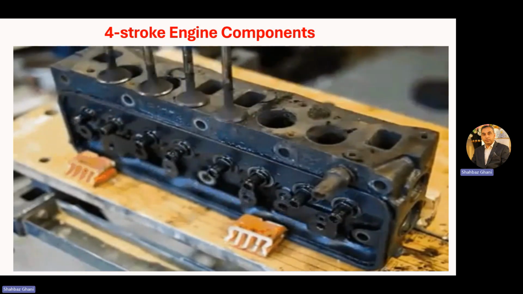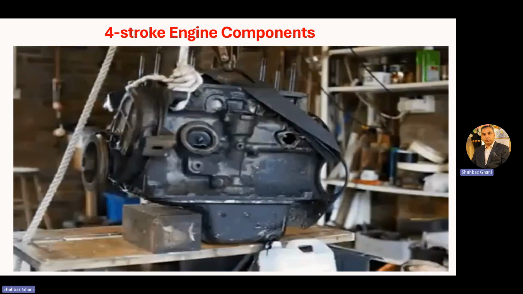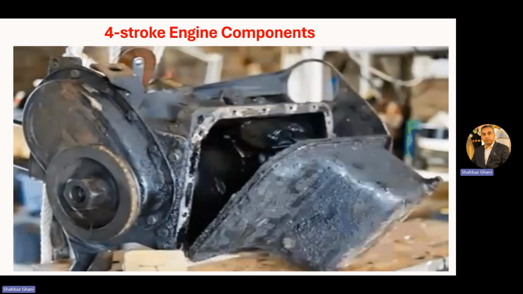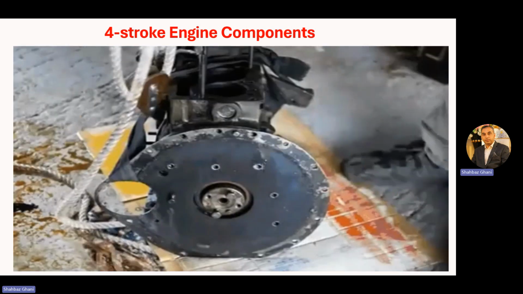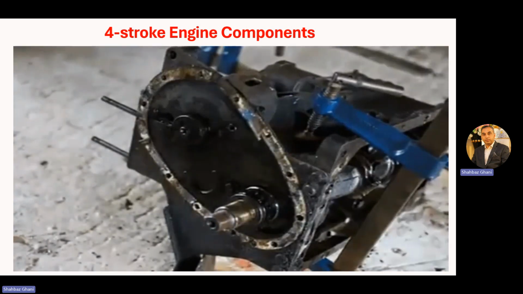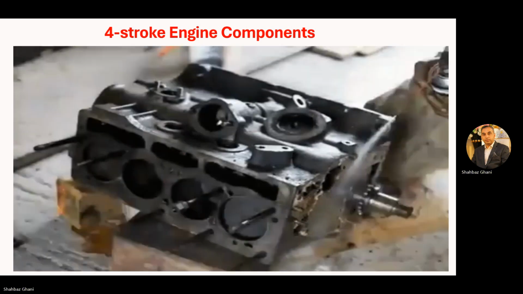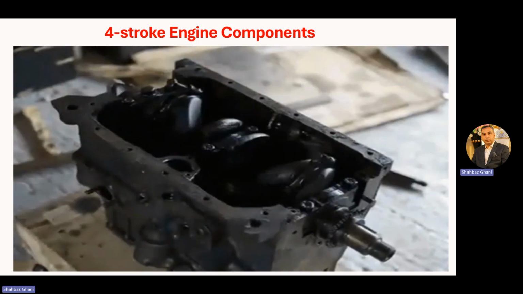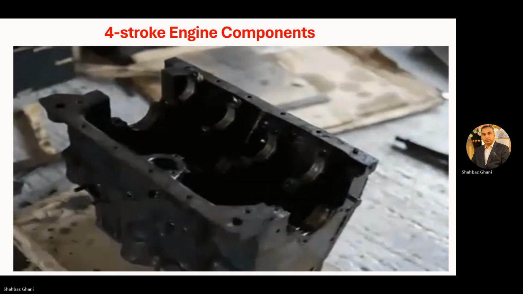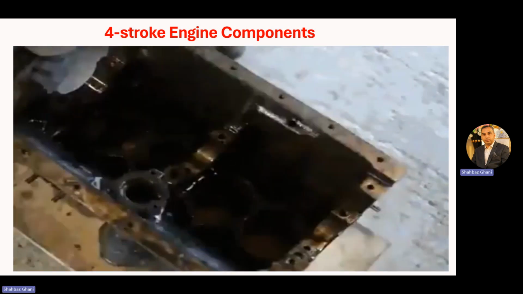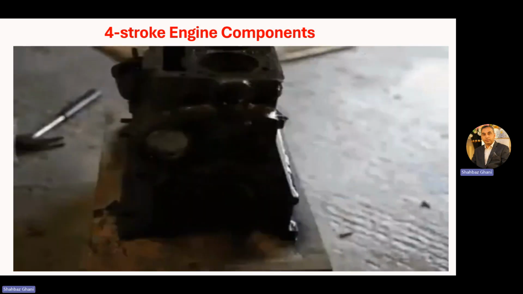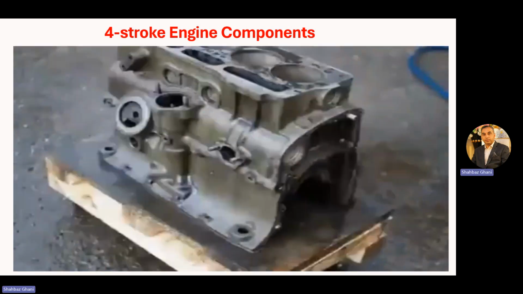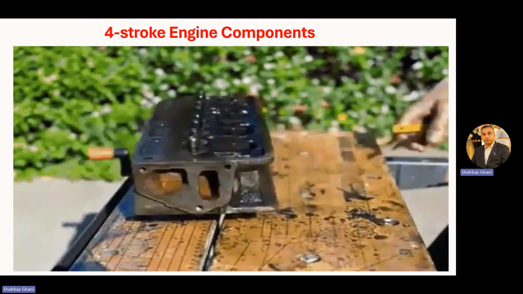Now we are removing the springs and valves, draining the oil, removing the sump, removing the other accessories, then removing the crankshaft and pistons. Now assembling all these after washing and cleaning.